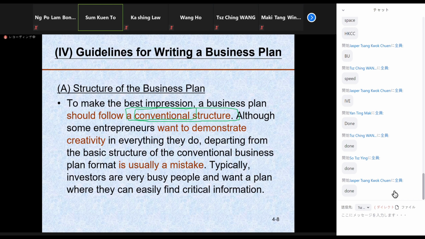In that situation, at this moment, you do not make use of creativity. It will be a mistake as far as the flow and structure are concerned. But after following a traditional structure, your content must be creative.